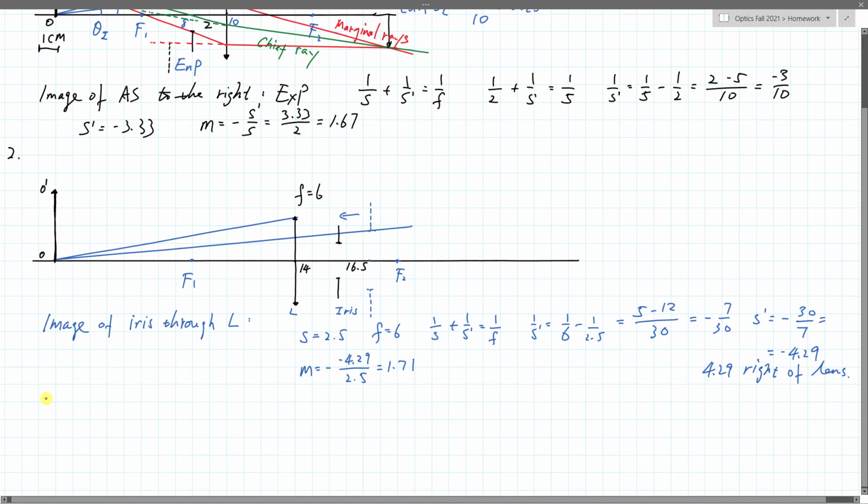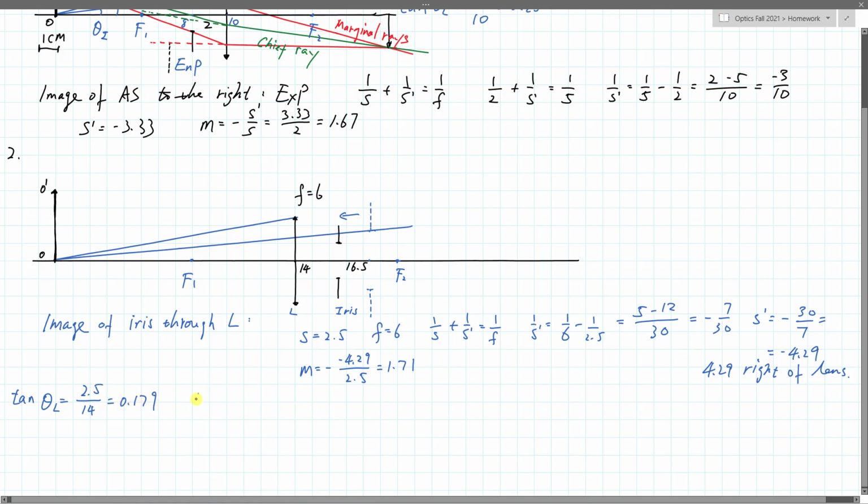Tangent theta of the lens: that is 2.5, so 5 across, 2.5 over 14, which is 0.179.